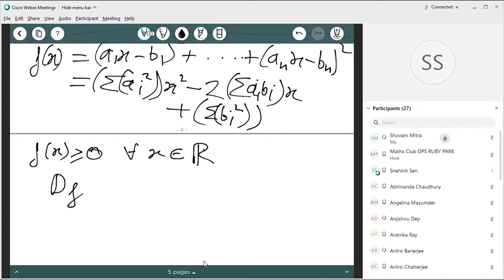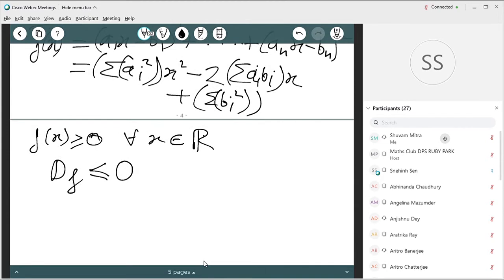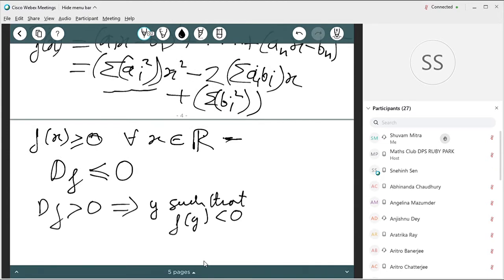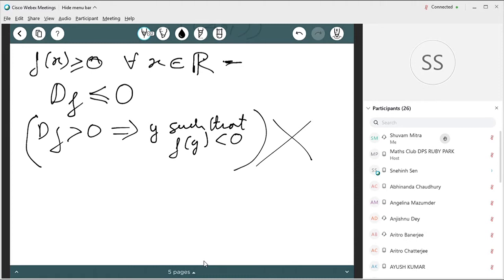Because our leading coefficient is a positive quantity over here, this would imply that there is some real y such that f(y) is less than 0. But that's a contradiction, right? It contradicts this fact. So discriminant of f greater than 0 is not possible. So we have the discriminant of f less than or equal to 0 for sure.